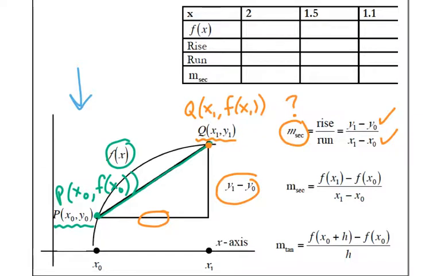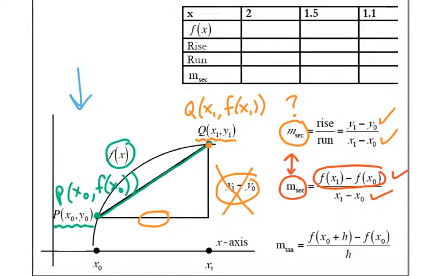So now if I do that, what's the rise really? Yeah, y1 minus y0 is still legit, but what if I wrote it this way? That's the new rise. Does that make sense? That's the same thing as y1 minus y0, and still, again, divided by x1 minus x0. So these two formulas right here are pretty much the same. I'm just writing it in terms of x's and y's, or x's and f of x's.